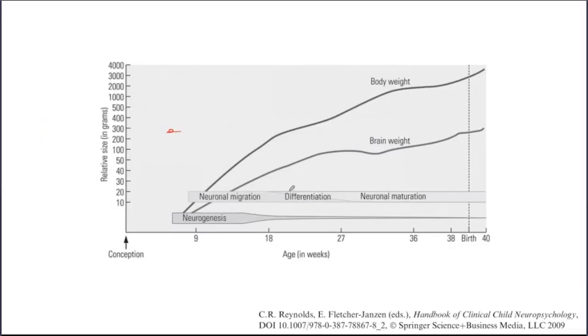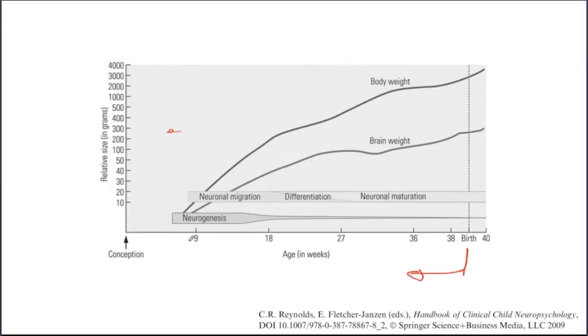In this process, if we want to see it over time from a cellular point of view, we are talking about things that are happening before birth. So we are in the prenatal phase, talking about prenatal age.